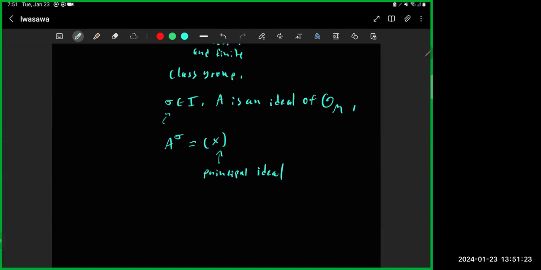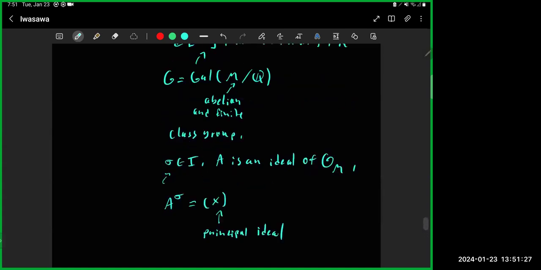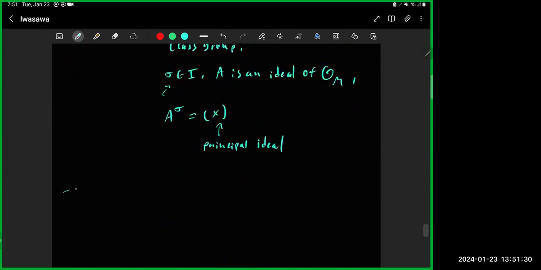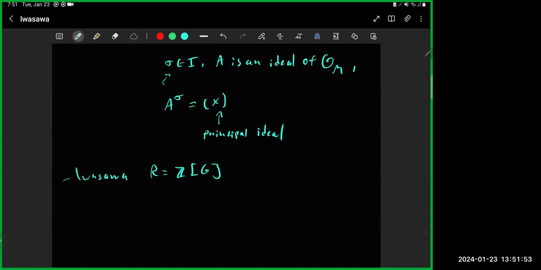It's incredibly useful because a following theorem of Iwasawa says that this ideal has an incredible property. So specifically, if we say R is Z[G], I'm just trying to keep up with the notation I have on my paper.